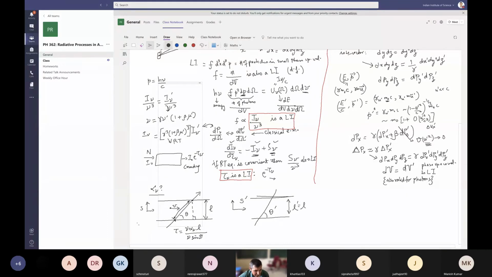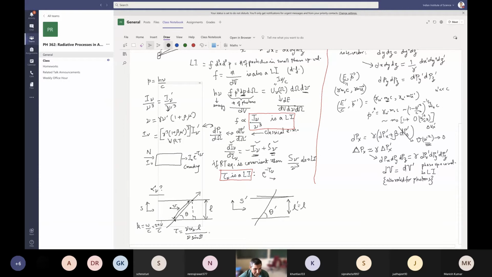For light, for radiation, we know that K is omega by C, and omega is 2 pi nu, so K is 2 pi nu by C. So nu sine theta is like K sine theta.